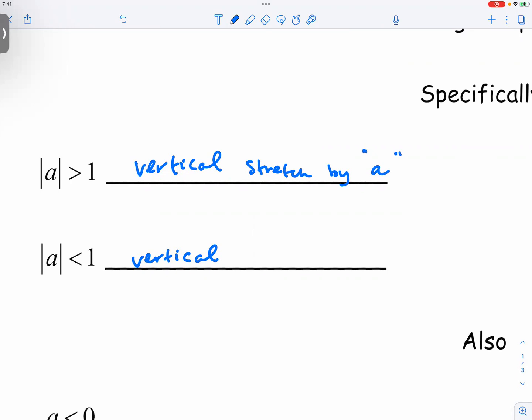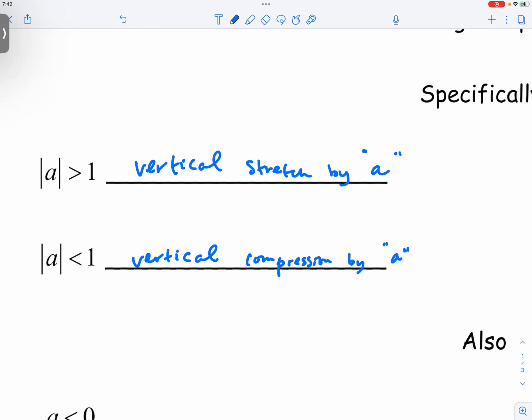And if it is a number that's less than 1, like a 1/2, then we know it's a vertical compression by the factor of A. Okay, so you multiply it with that number. If it's 1/2, you multiply by the 1/2.